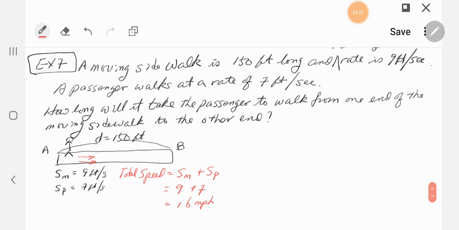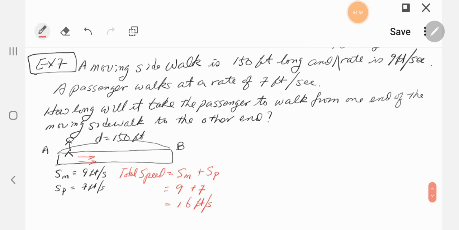The passenger walks at 7 feet per second, and the moving sidewalk will help him go faster. So that's the speed of the person being carried. All right.